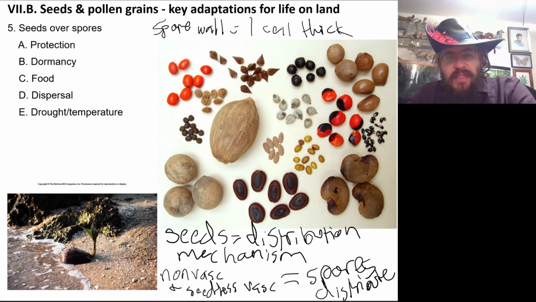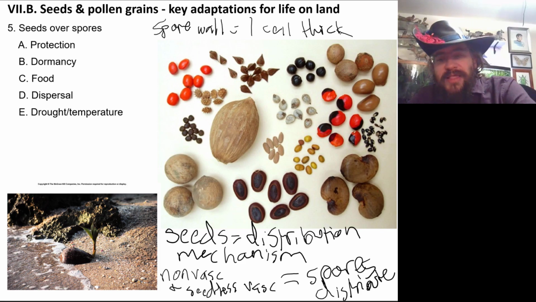So a wall itself helps protect against desiccation, but the plants that require spores for distribution are kind of restricted to extremely humid areas with a lot of standing or flowing water. This is because one cell thick of protection is some protection, right? But it ain't great.